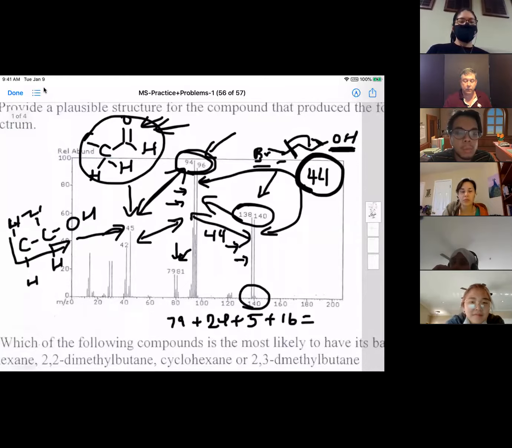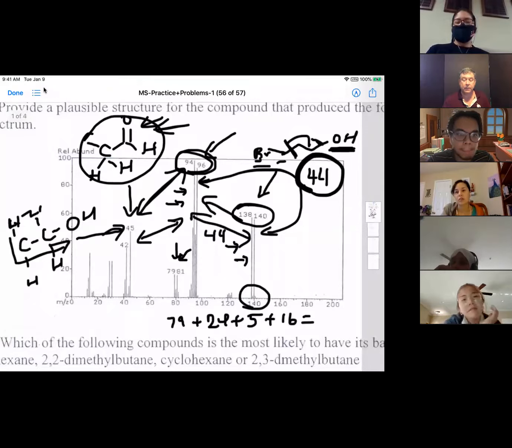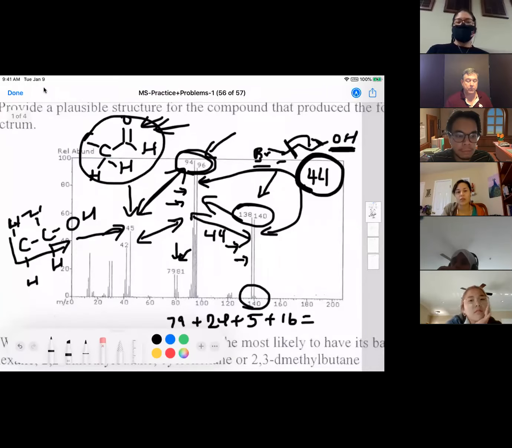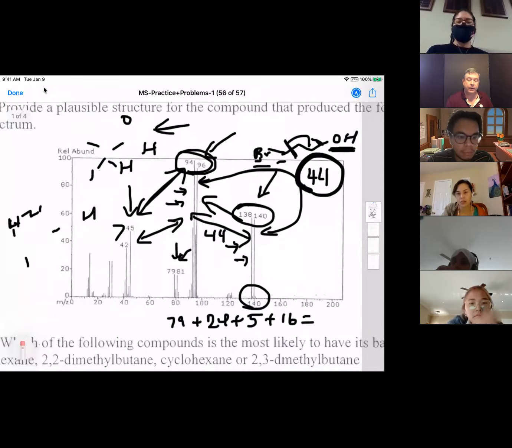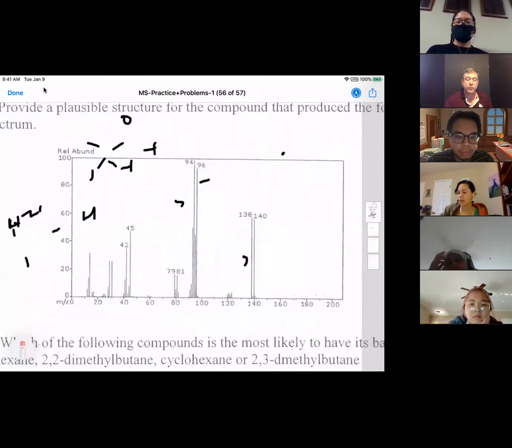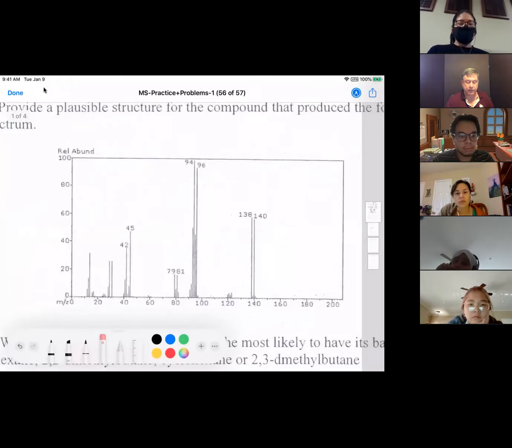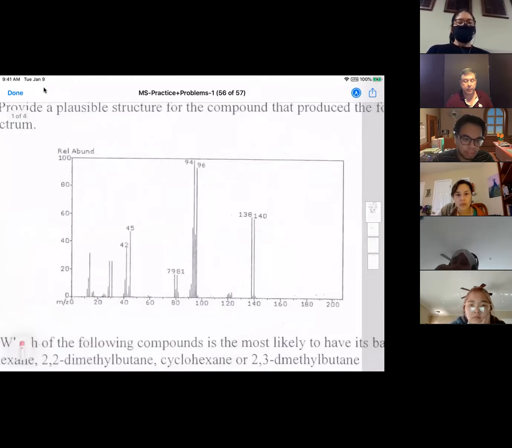Okay, so what I want to do is go through the argument one more time now that we've done it slowly, but have you do it almost as a speed run. The key things that tell us we had that is we knew certain things came off, but our mass didn't end up being exactly as high as it should be. So if we speed run our analysis, the first thing we see is bromine.